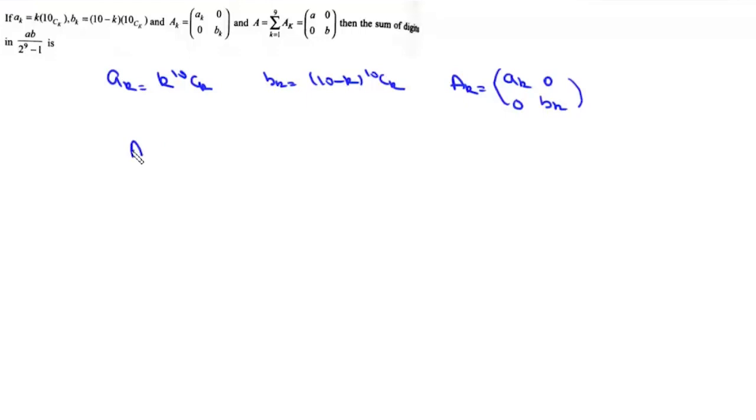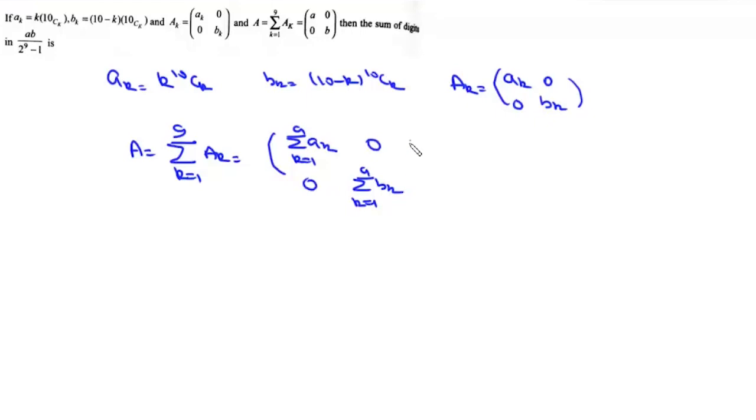Now basically this matrix A is the sum of all such matrices, which is summation K varies from 1 to 9 AK, and the sum of matrices is simply this summation AK when K varies from 1 to 9, 0 and 0, and summation BK when K varies from 1 to 9.